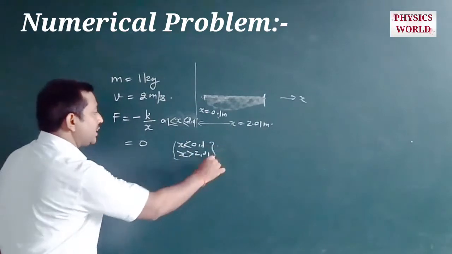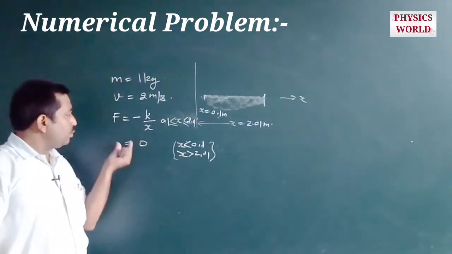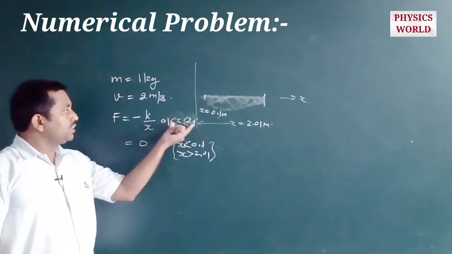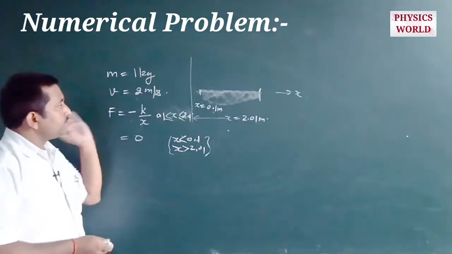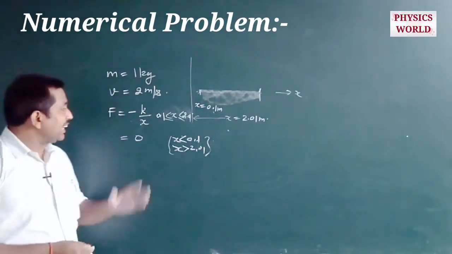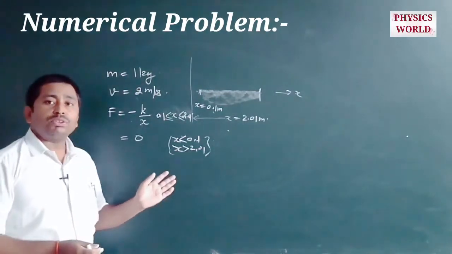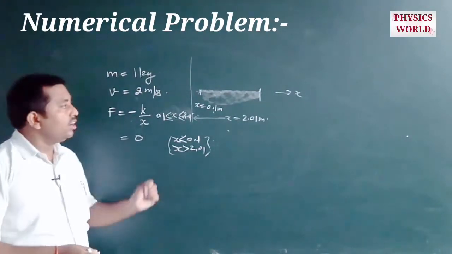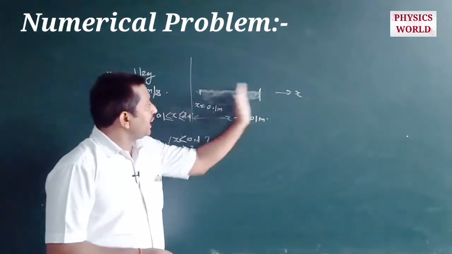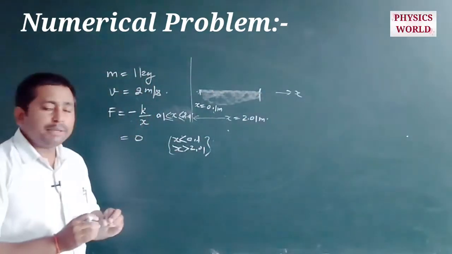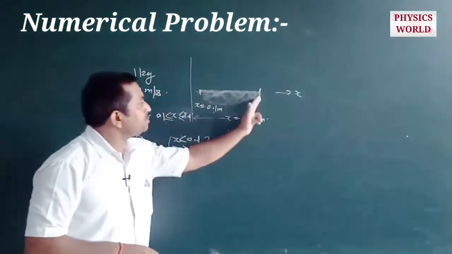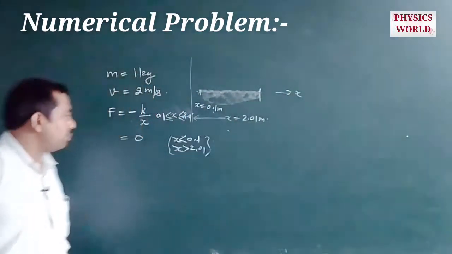So in these regions the force acting on the object is 0, but between them the force is acting. With the help of the work energy theorem we can calculate the final kinetic energy after leaving that patch region, and the velocity by which the object leaves this region.